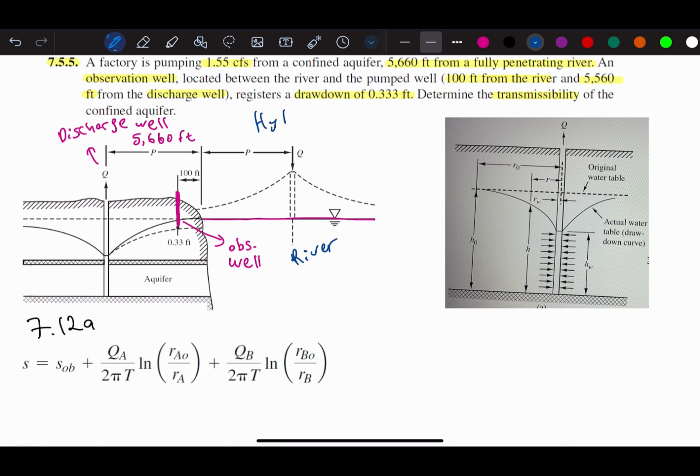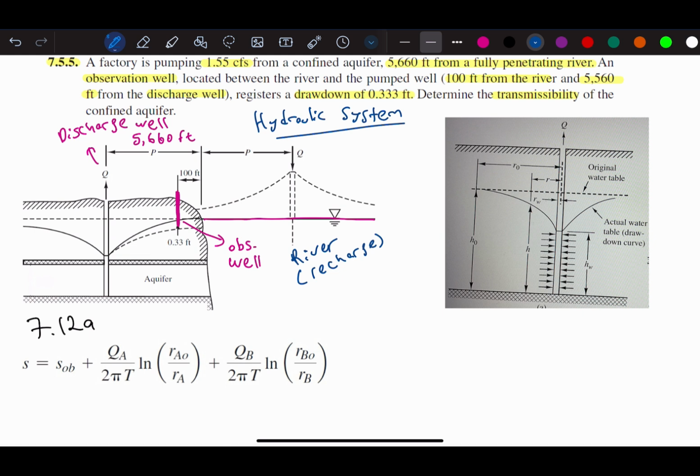a hydraulic system. You can consider this as a representation of the complex aquifer system, and the river here will be a recharge.